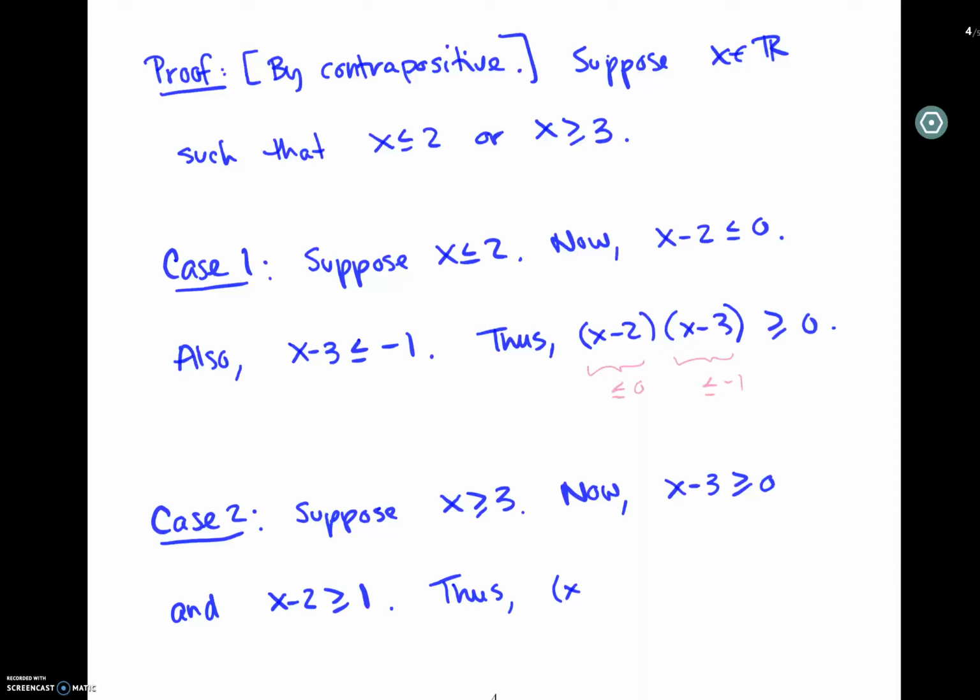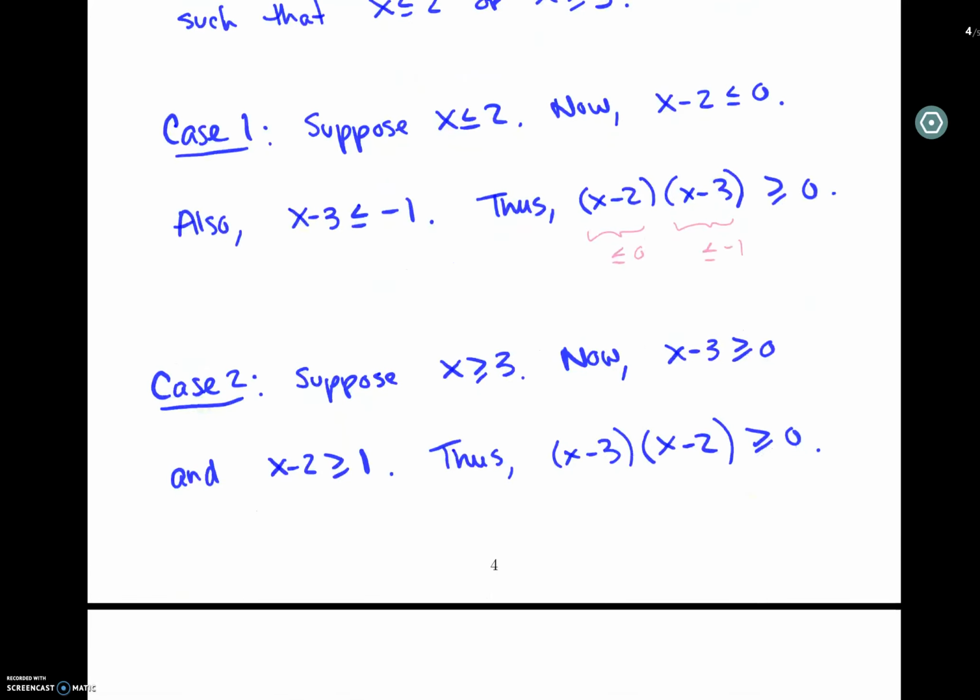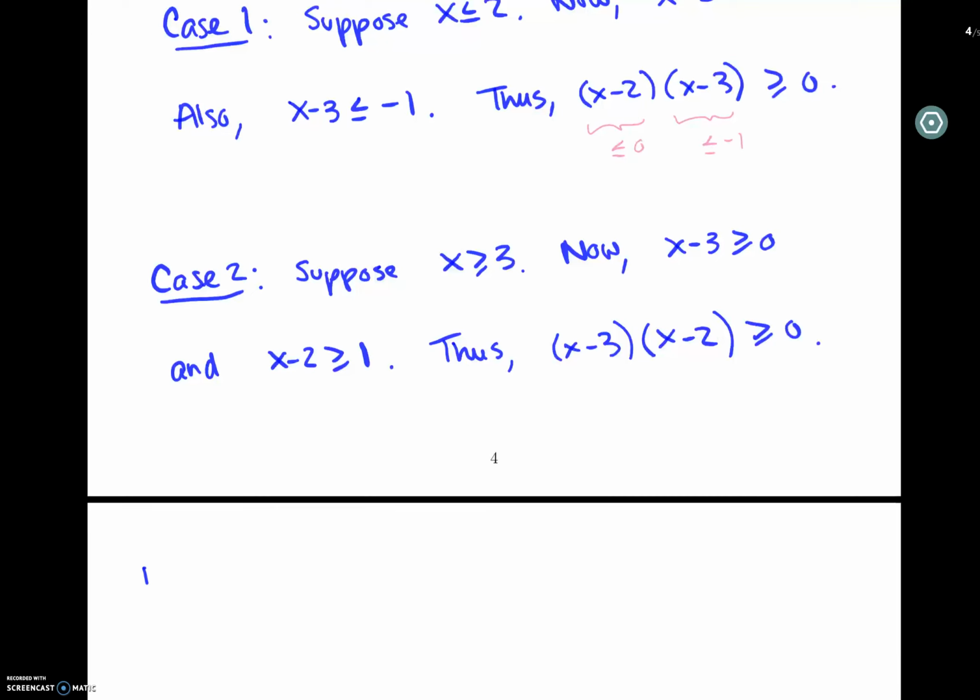Thus, we would have x minus 3 times x minus 2 would have to be greater than or equal to 0. In this case, each of our terms is positive or 0, which again guarantees that the product is greater than or equal to 0. In all cases, x squared minus 5x plus 6 is greater than or equal to 0.